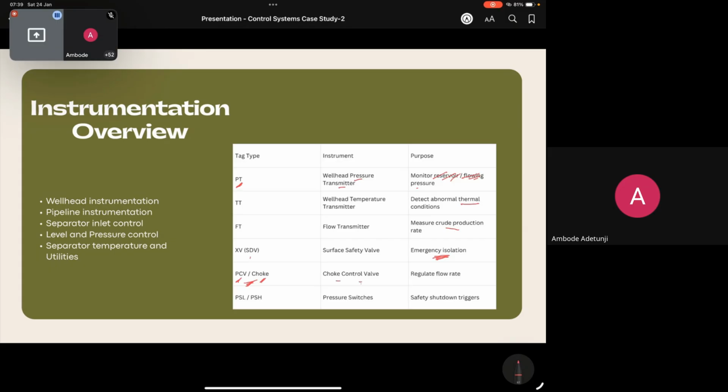So the choke control valve is used to regulate flow. It regulates the amount of crude you release from the Christmas tree or the wellhead. And then the PSL and PSH. PSL is pressure safety low, PSH is pressure safety high. They are essentially pressure switches and they are safety shutdown triggers, right?